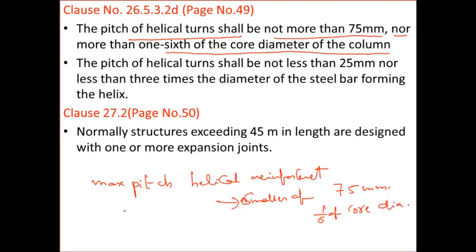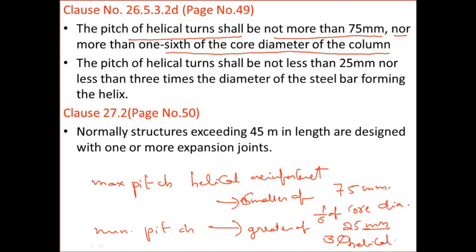Similarly, the minimum pitch is the greater of 25 mm or 3 times the bar diameter used for helical reinforcement. So the maximum pitch is the smaller of 75 mm and 1/6 of the core diameter, and the minimum pitch is the greater of 25 mm and 3 times the helical bar diameter.